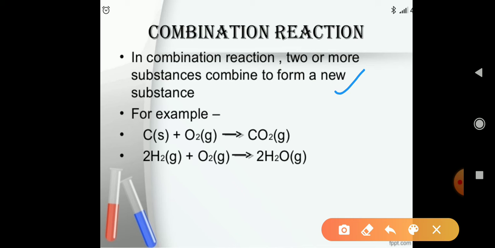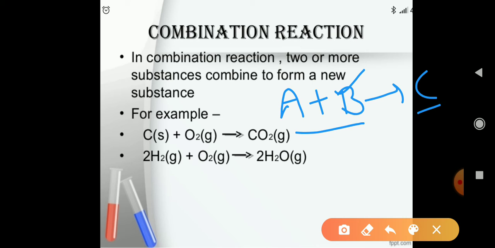We can generalize this reaction as A plus B gives C. A and B are reactants and C is the product. Two reactants combine to form a single product, so this type of reaction is called a combination or addition reaction.